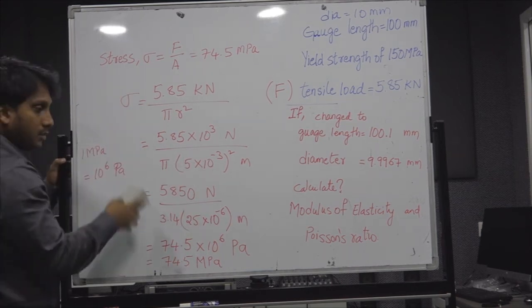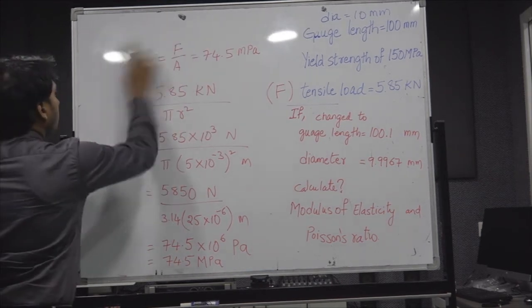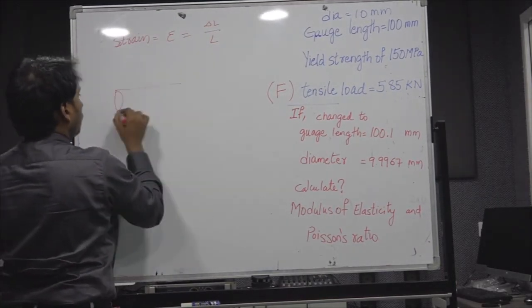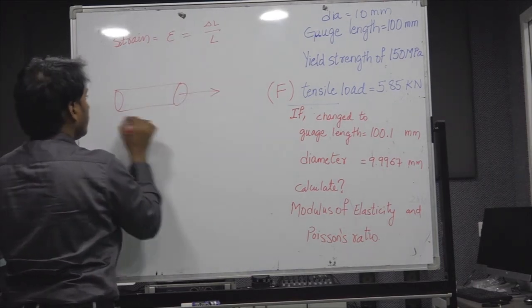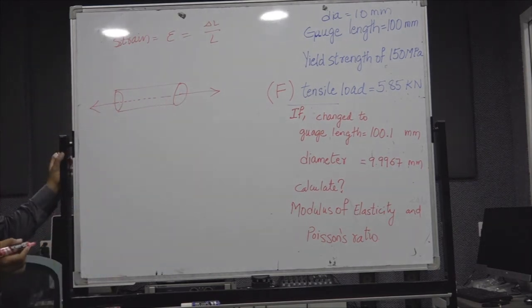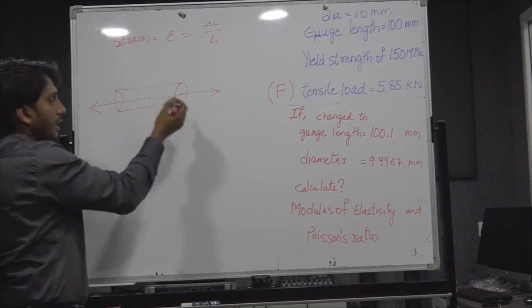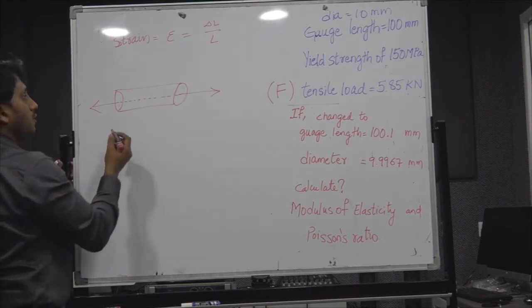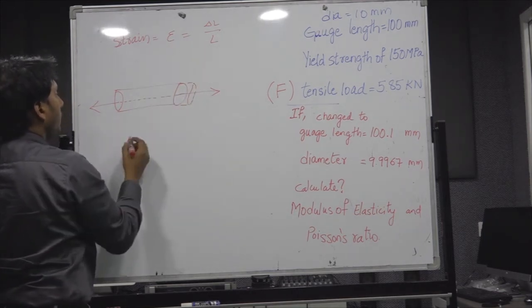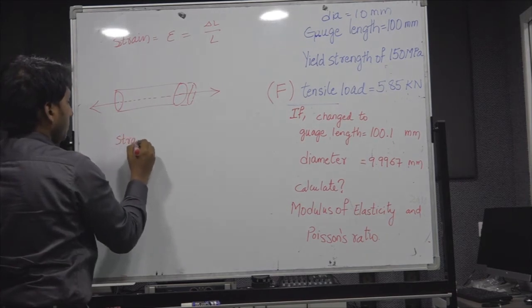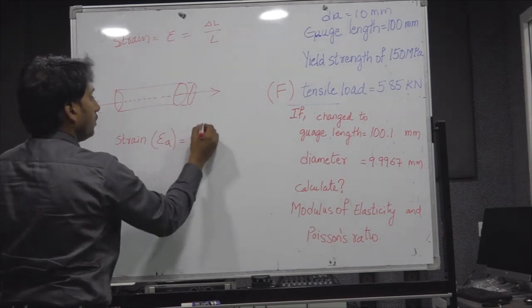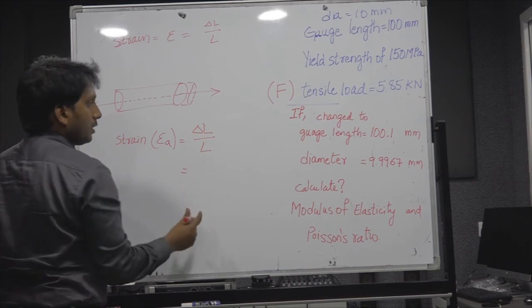So I'm rubbing this, then we'll calculate the strain, delta L by L. As the rod was subject to a tensile load, the tensile load acts in an axial direction. So the change in length might be like this. So we can consider the strain, axial strain epsilon A, is equal to delta L by L. What is the changed length?